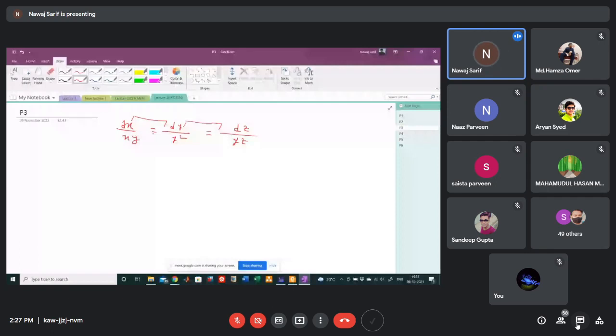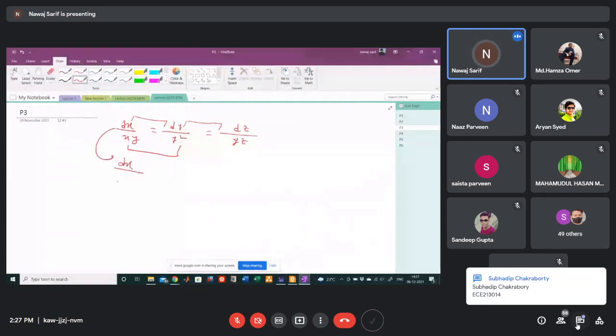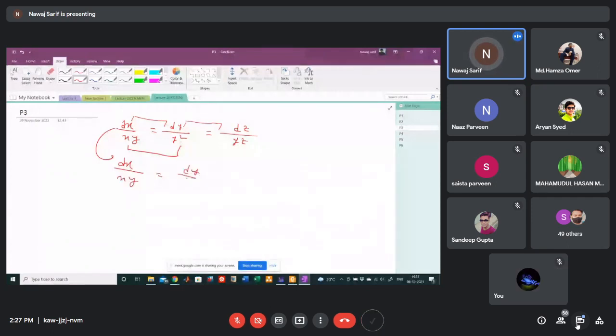If you take the first pair, there is a y term common, so you can write dx by xy equals dy by y square as one pair, and dy by y square equals dz by yz as another pair.